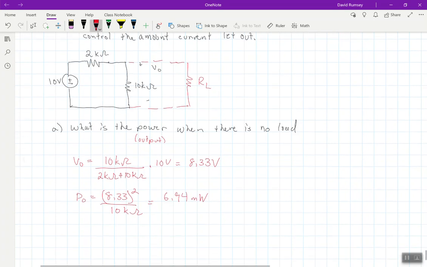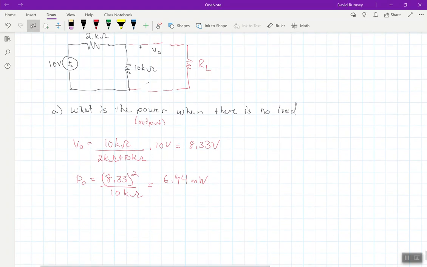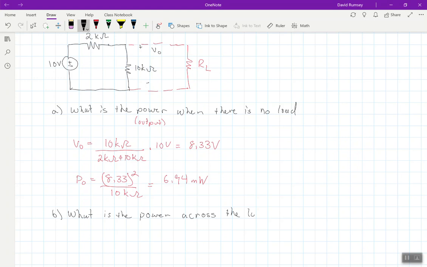Okay, but now let's attach a load. So what is the power across the load if RL is equal to, let's say here, 10 kilo ohms?